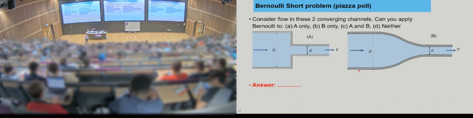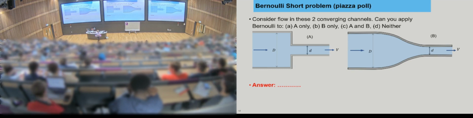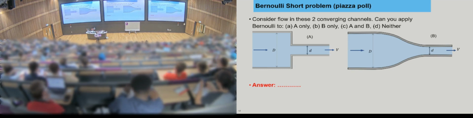And then here, you've got flow in a nice gradually varying constriction. So the question is, can you apply Bernoulli to A only, so that's the left one only, B only on the right-hand side, both of them, or neither?